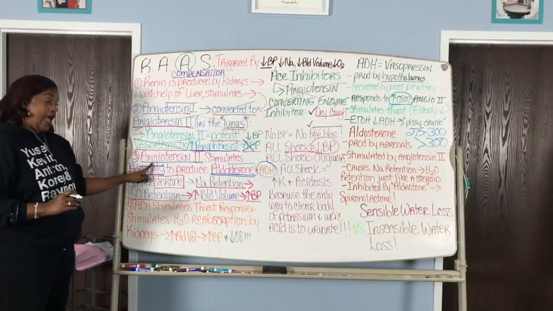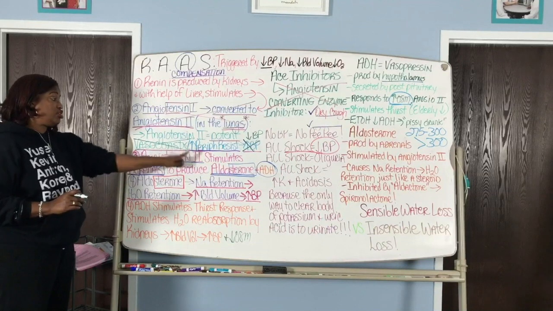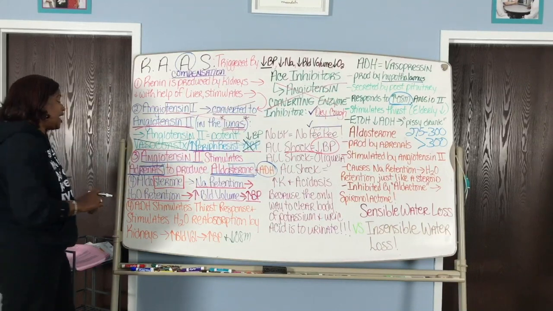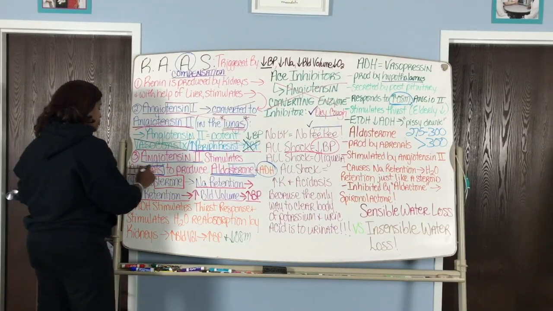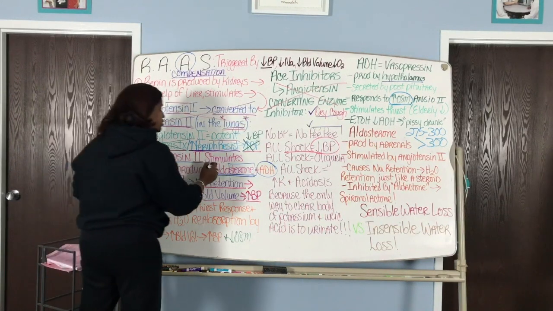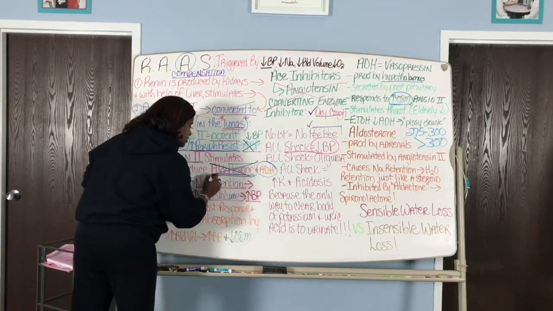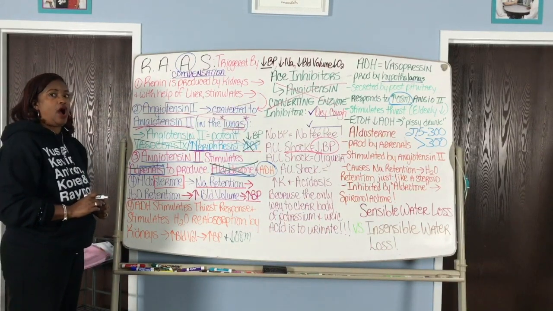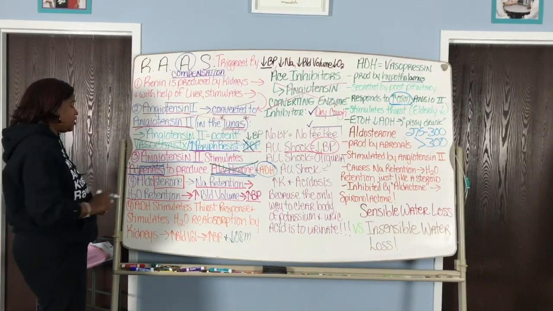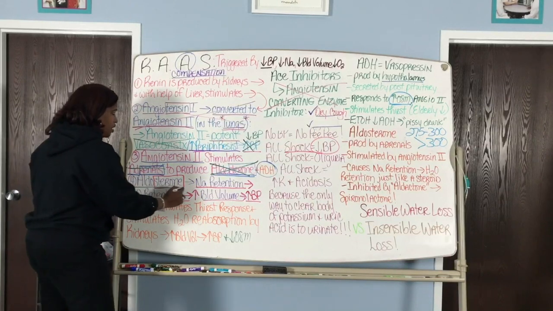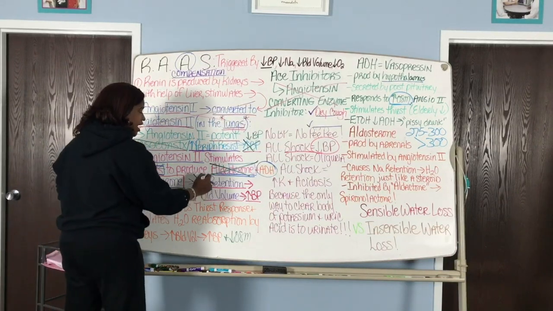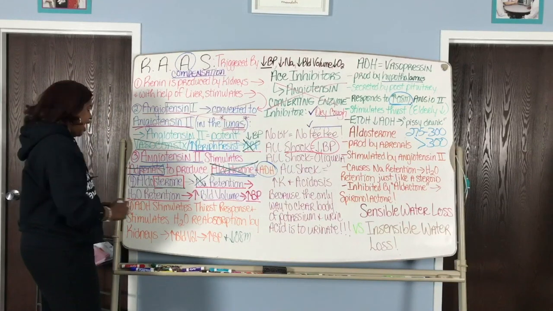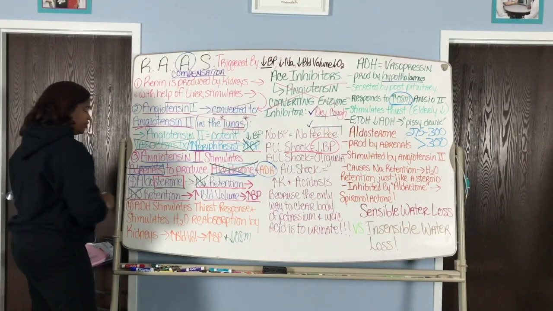If I don't have any angiotensin 2, then I cannot stimulate the adrenals and I do not get any aldosterone. Oh, wow. If I don't get any aldosterone, then I can't retain salt and I cannot retain water.